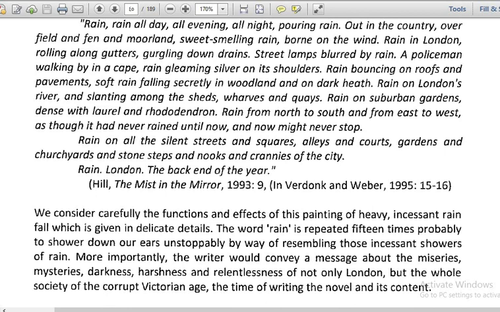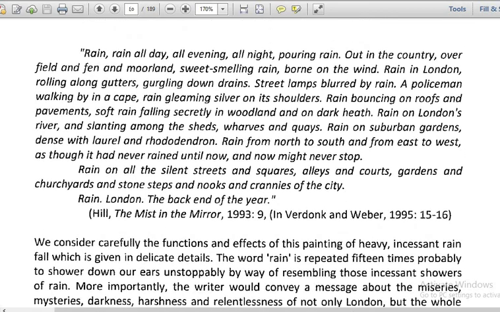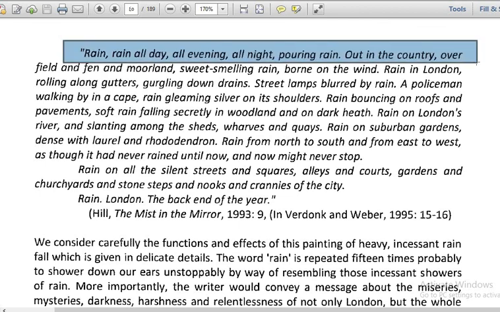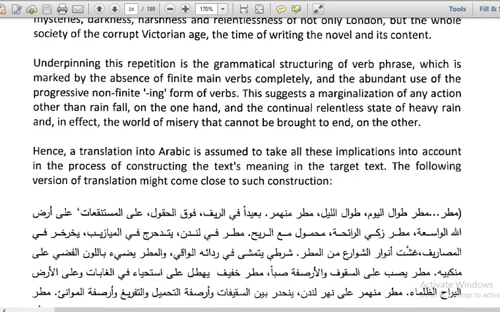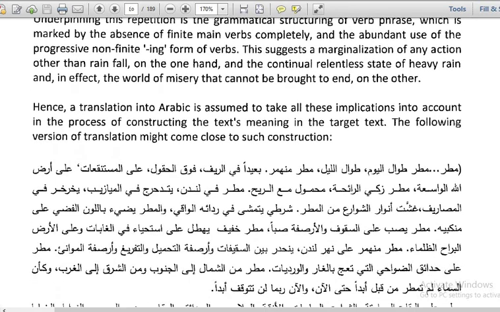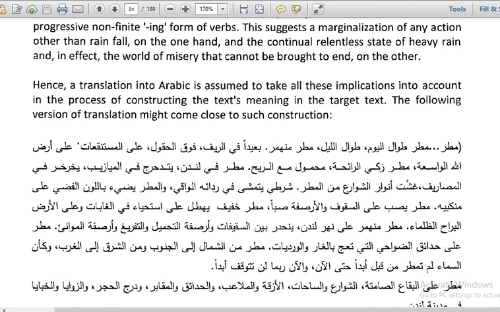Of course, we have another example translated: the mist in the mirror. Rain, rain, all day, all evening, all night, pouring rain. If we count the number of the word rain in this passage, it's really a huge number. So in the same way, we have to stick to the figure of repetition while translating it into Arabic.